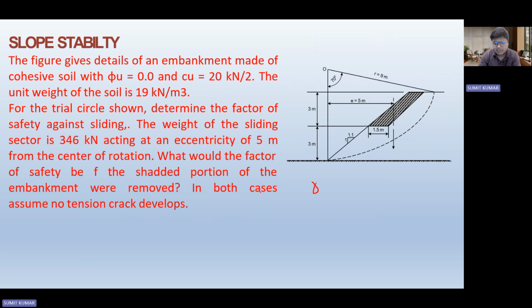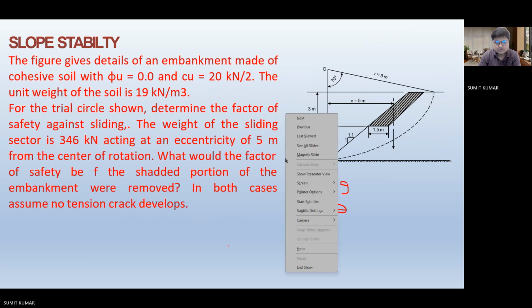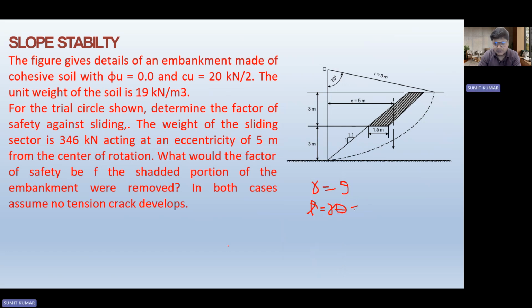So first of all, R is 9 meter. L is equal to R theta. So R is 9 into theta, where theta is 70, and you convert it into radian: 70 into pi by 180.